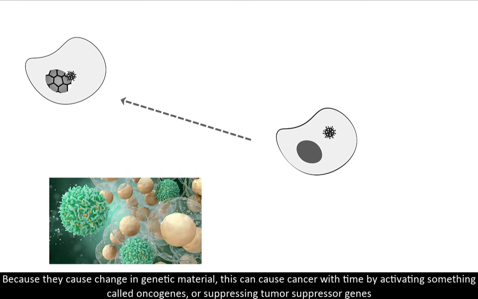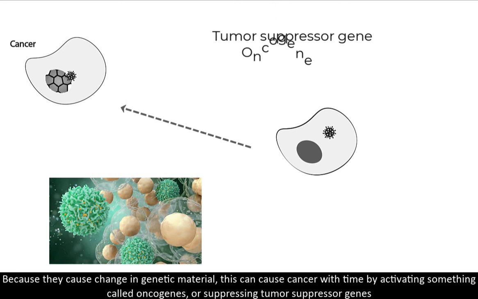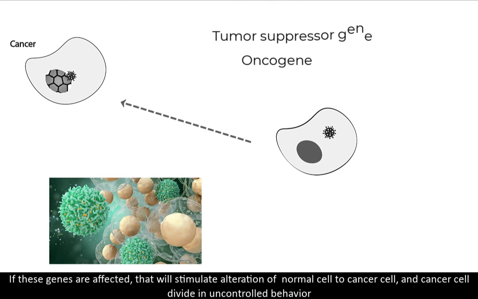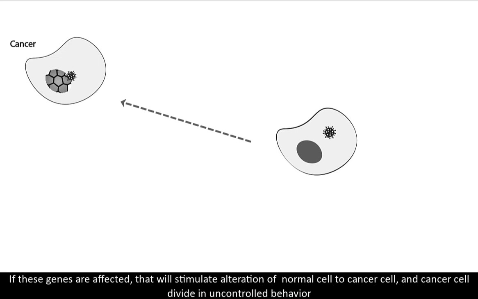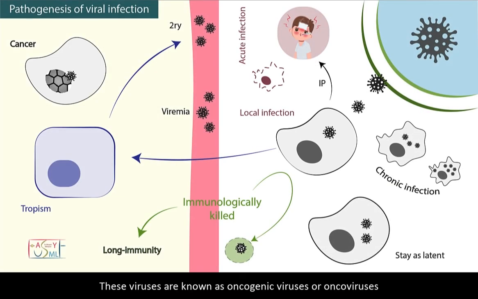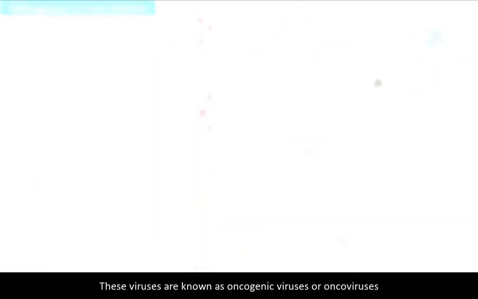Because they cause changes in genetic material, this can cause cancer with time by activating something called oncogenes or suppressing tumor suppressor genes. If these genes are affected, that will stimulate alteration of normal cells into cancer cells, and cancer cells divide in an uncontrolled manner. These viruses are known as oncogenic viruses or oncoviruses.